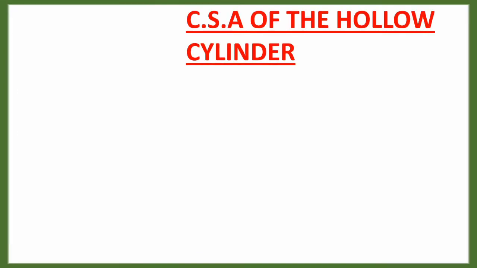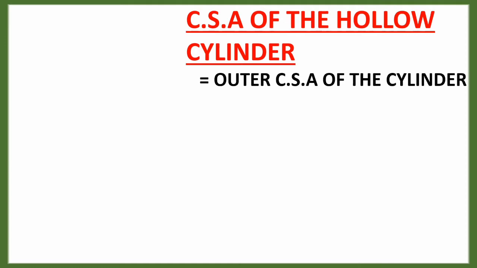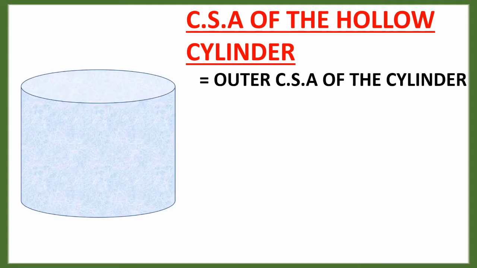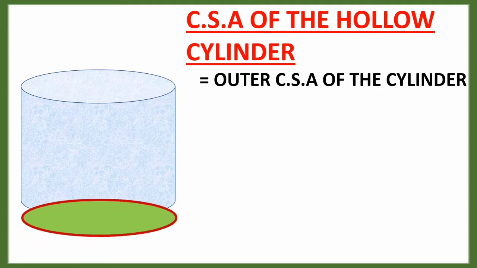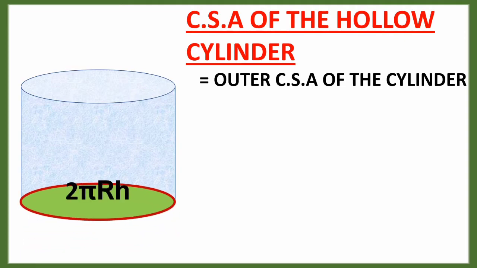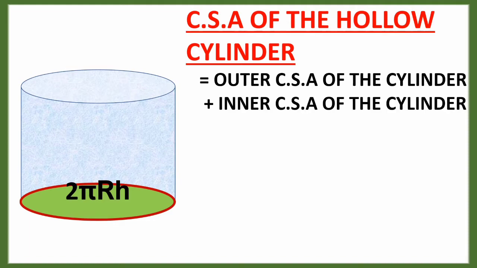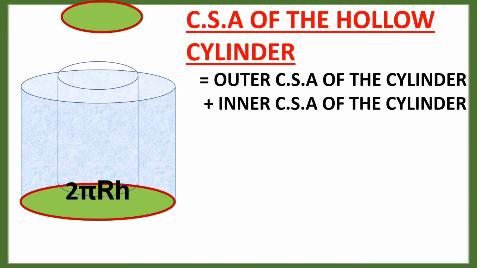CSA of the hollow cylinder. Outer CSA of the cylinder. See this cylinder, this is the outer cylinder. We know the CSA of the cylinder equals 2 pi rh, but the outer radius is capital R. So, outer CSA is 2 pi capital R h, plus inner CSA of the cylinder. See the inner cylinder, this radius is small r.